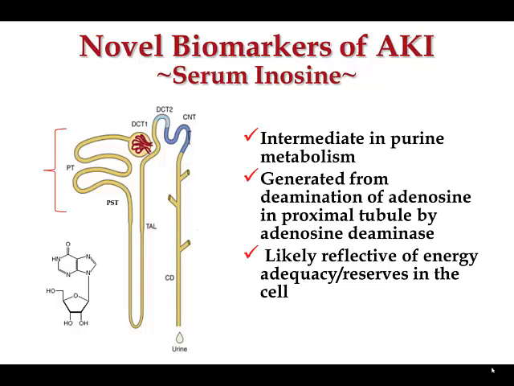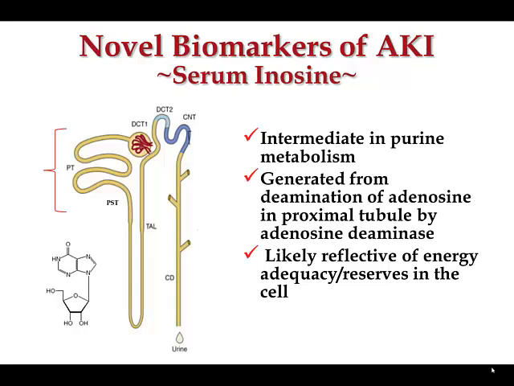And so it's linked up in this whole AMP, ADP, ATP energy metabolism of the cell, and for that reason it seemed really exciting. If you've got something that shows that you've gotten rid of all your energy and you can't restore it, then that epithelial cell is going to be kind of toasted.